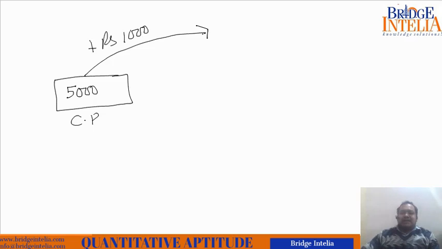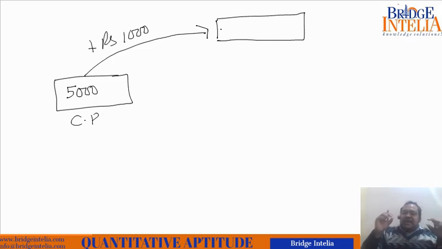So if I mark this up, now I paste a label or sticker over the object, which would say that this article is worth rupees 6,000, because I would not want my customer to know the reality. Why should my customer know how much I have paid for it? So for my customer, I have created a special price.